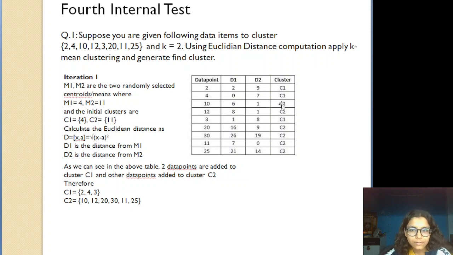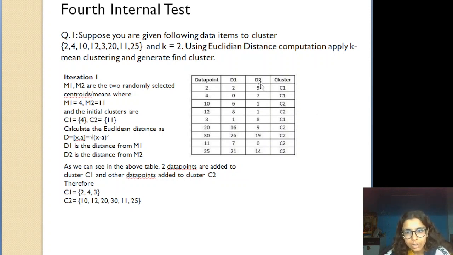So again it is C1 because 0 is the least of both. Then we have 10. 10 minus 4, since M1 was 4, is 6, and for D2, 11 minus 10 is 1. So here D2 is the least, since 1 is lesser than 6, and we write C2.